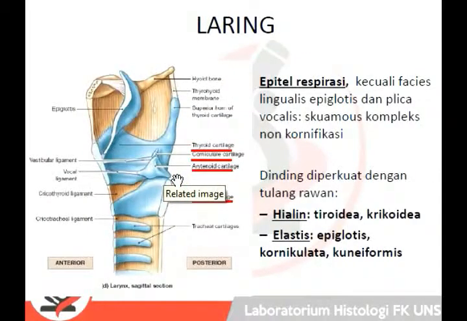The type of epithelium is respiratory epithelium, except the lingual surface of the epiglottis and the plica vocalis. Their epithelium is stratified squamous, non-keratinized. The wall of the larynx is strengthened by hyaline and elastic cartilage.